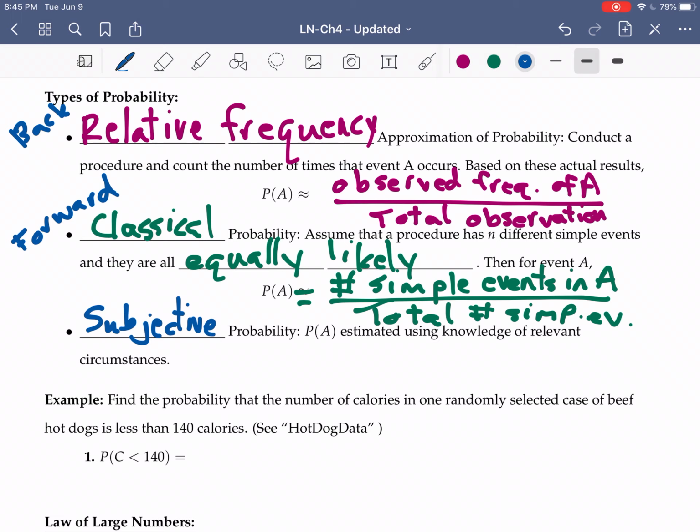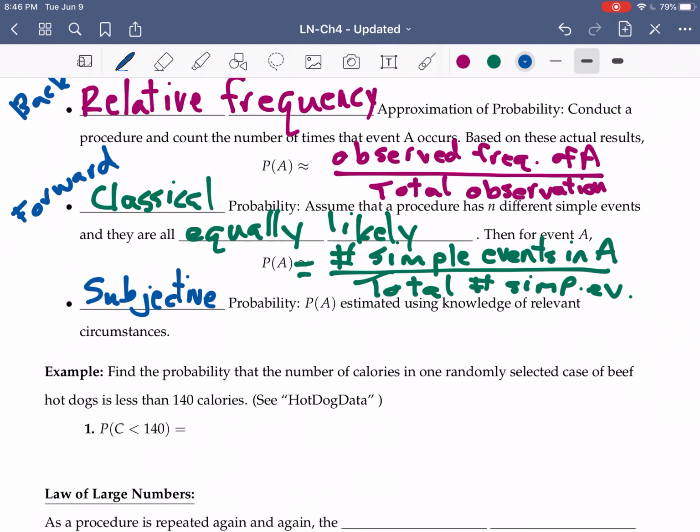You can't go through and do a bunch of space shuttle launches and say, based on the observed frequency, here's what I think. And you can't use classical probability there. You don't have all these simple events. And so you do lots of testing in labs and you have good data, but until you actually send that shuttle off, it's unknown. And so you estimate a probability, you have some subjective knowledge where you estimate that.